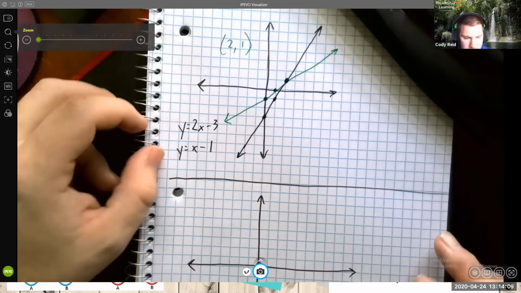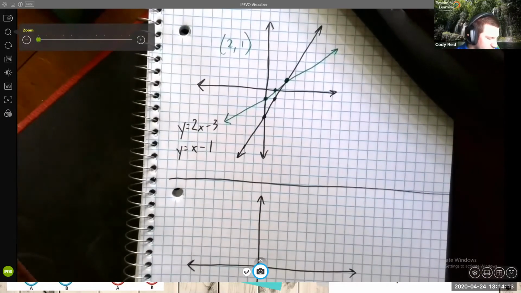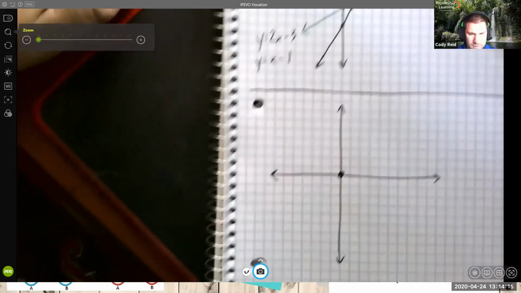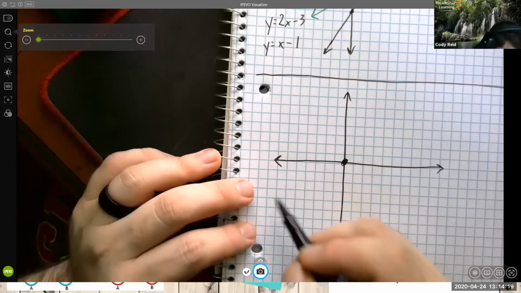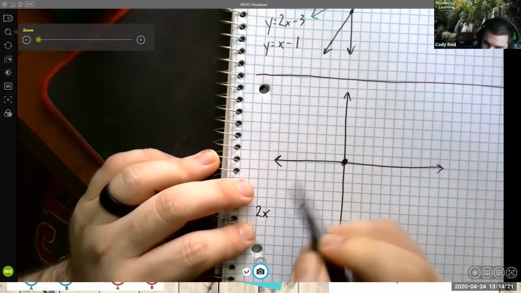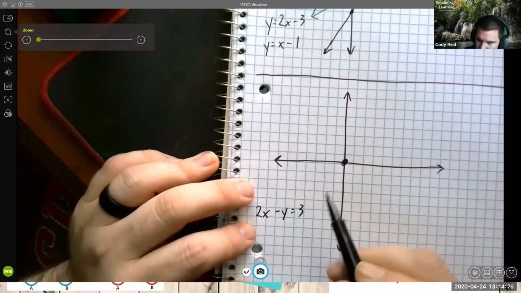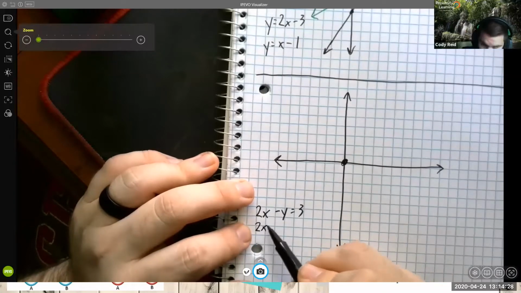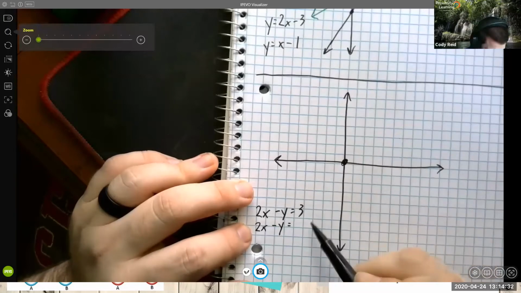Okay, so let me scoot my document camera because I'm running out of room. So got my coordinate plane ready to go. I'm going to do 2x minus y equals 3. 2x minus y equals negative 5.